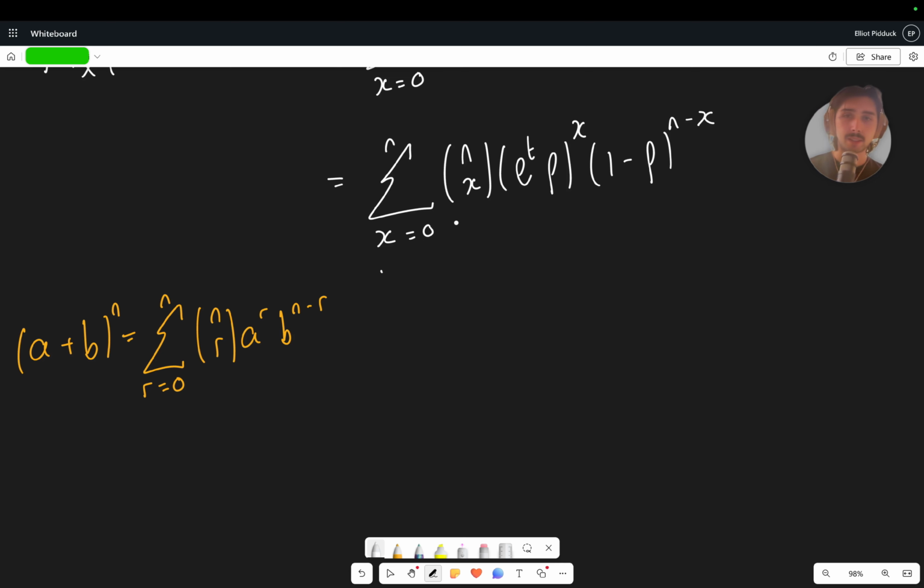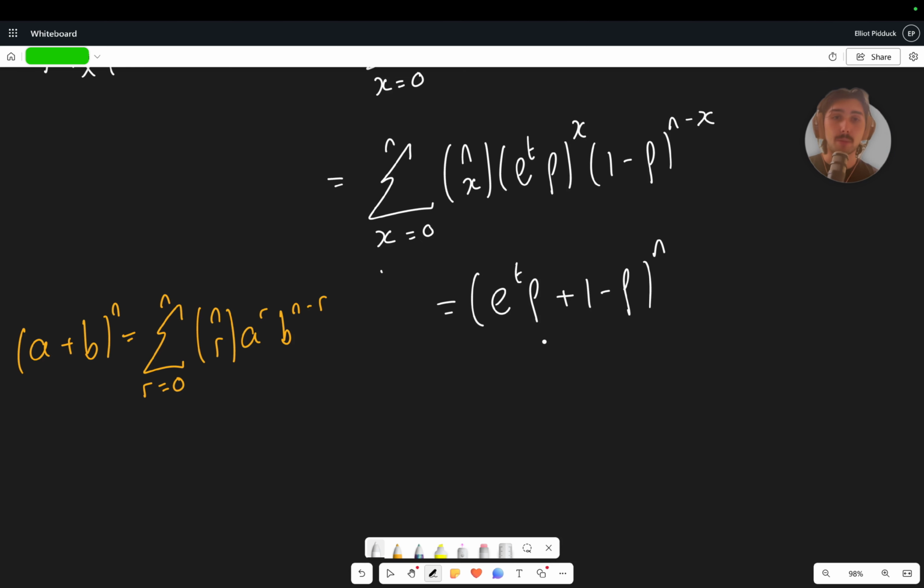We're using x instead of r, but that's just an index. It doesn't actually matter. And we've got a as e to the t times p, and we've got b as 1 minus p, which means that I can rewrite this as simply e to the t times p, which is like a, plus 1 minus p, which is like b, and that's all to the power of n.